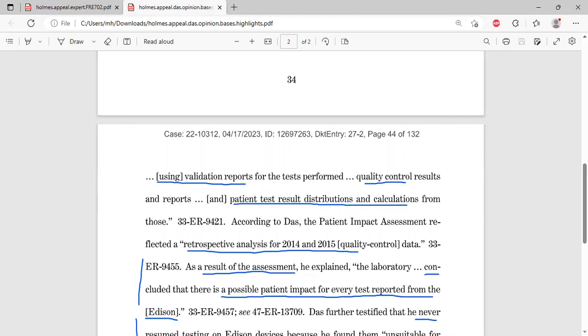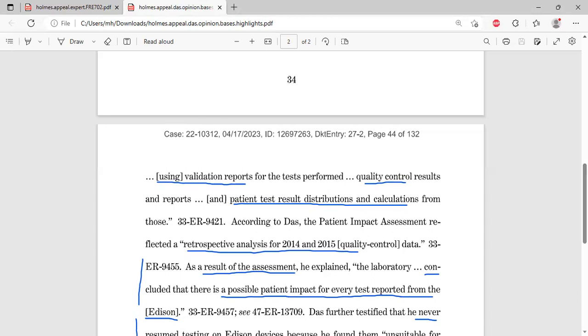CMS had done their audit, had found deficiencies in the Normandy lab, right? And then eventually Theranos had to close down because of these deficiencies. So Dr. Doss was hired to come in and basically do cleanup work to reform the lab, to get it in compliance with CMS, with the regulatory compliance. So it's going to be an argument here whether his patient impact assessment, this other analysis that he did, a retrospective analysis, amounts to expert witness testimony, or was it part of his job.